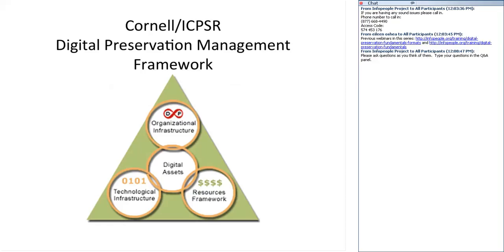One is your digital assets, and in the even-numbered webinars in this series, text and image in number 2, and coming up in number 4, audio and video, we've really been talking about what makes a useful, viable digital asset.